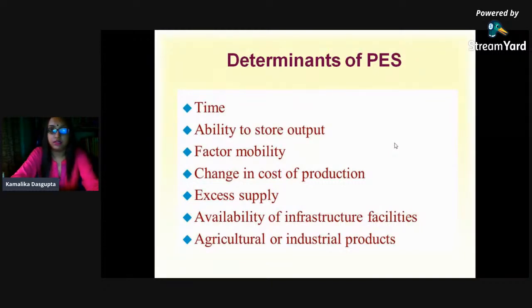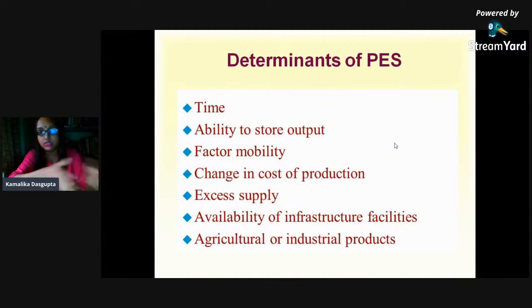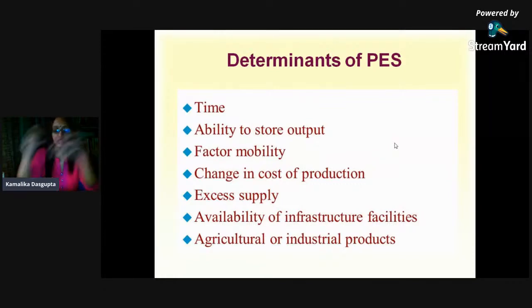Factor mobility. Factor mobility means that you can use the same factor for production of two different commodities. Suppose you can quickly shift the labor from production of one commodity to another, then elasticity of supply will be higher, because you can quickly respond to price change.